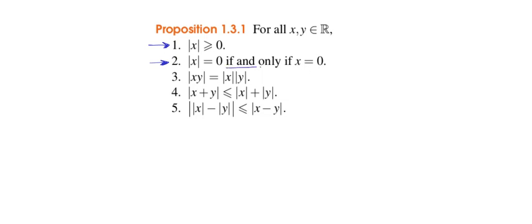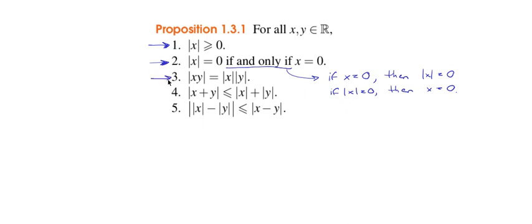And this "if and only if", I don't know if we have seen it before, but this means that the two directions are true. If x equals 0, then the absolute value of x is 0, and the other way around. If the absolute value of x is equal to 0, then x is 0. Okay, that's what if and only if means. It's important that you remember this.